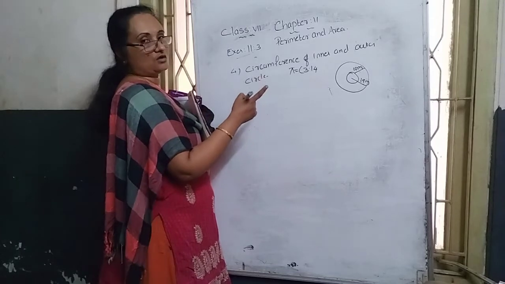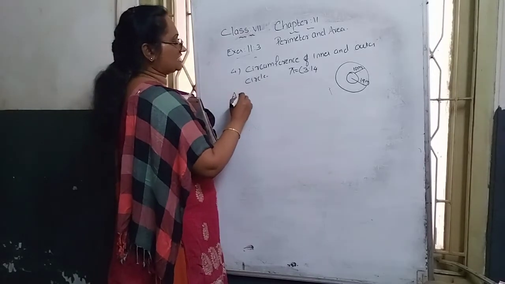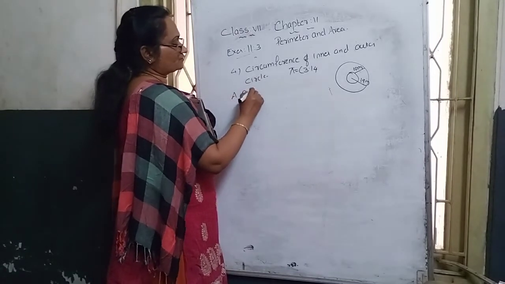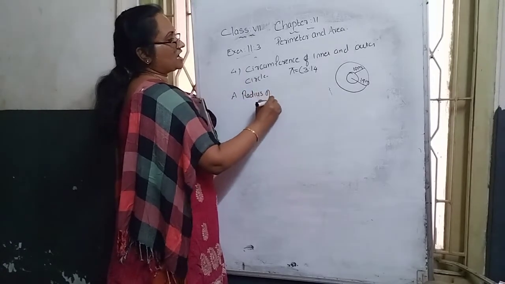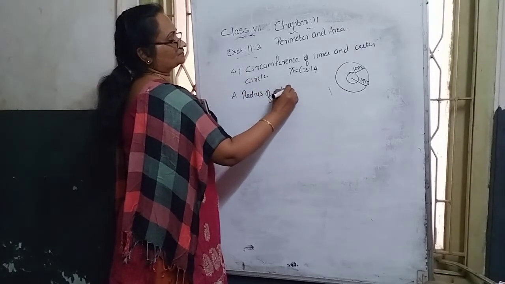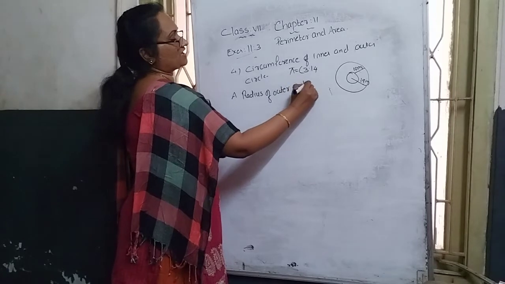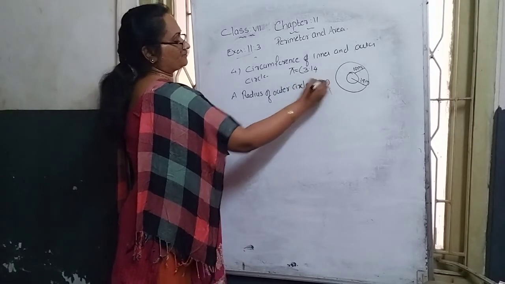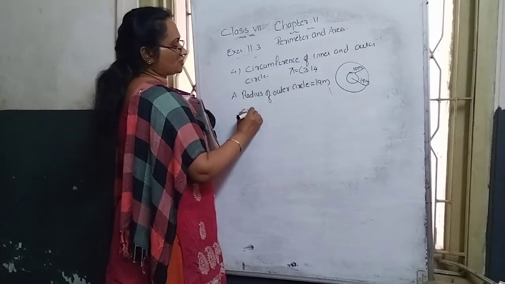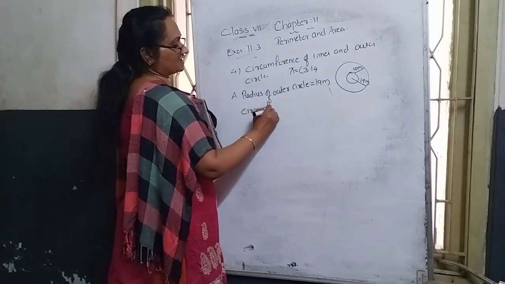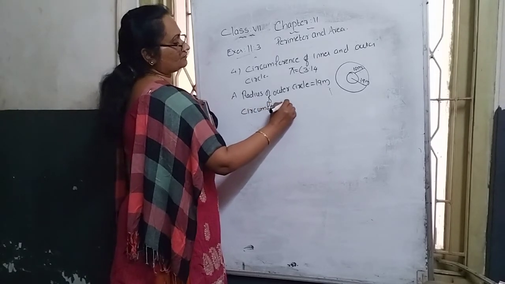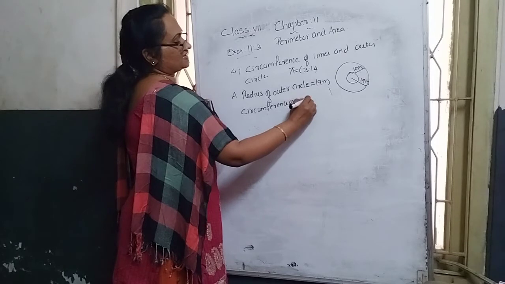We already know the outer radius, so we can start with the radius of the outer circle. That part we know. How much? 19 meter. Then the circumference of the outer circle.